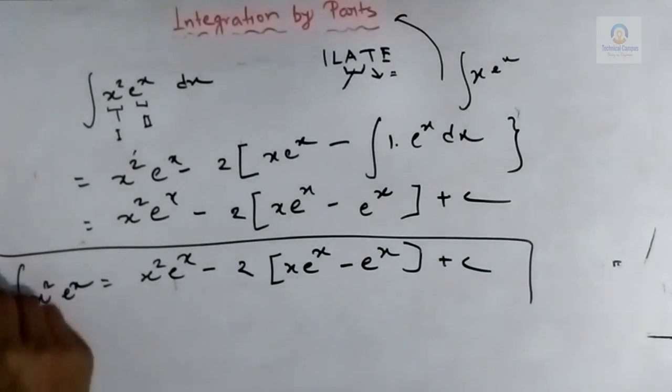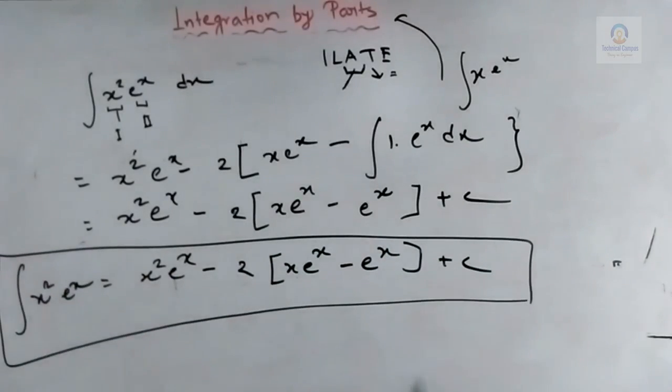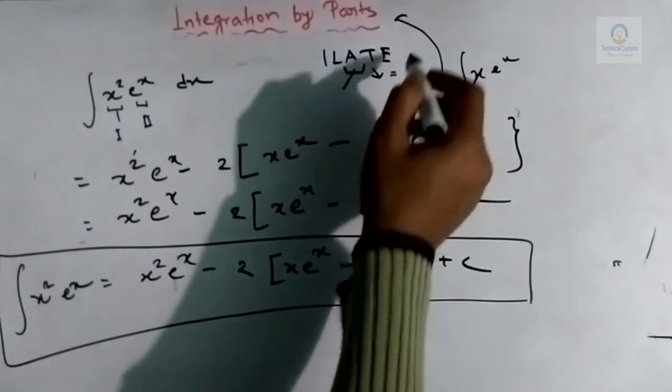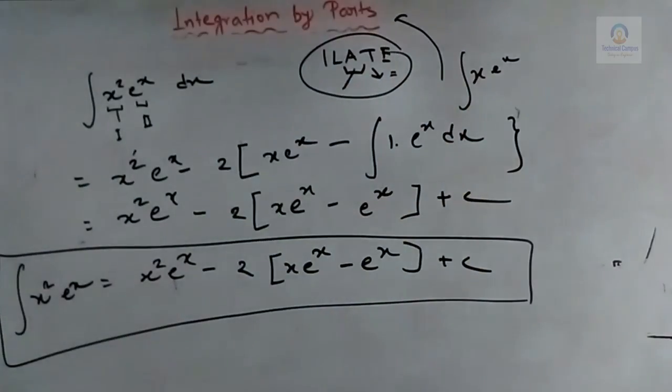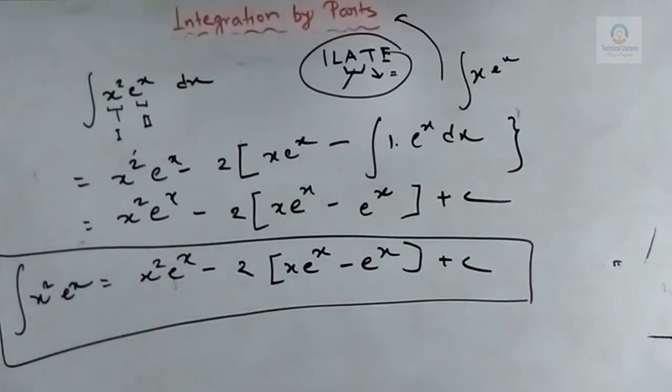So we have learned the concept of integration by parts and we have also learned the use of the term LIATE. Let us quickly revise: whenever we want to calculate the integration of a product of two functions, we have to use the concept of integration by parts.